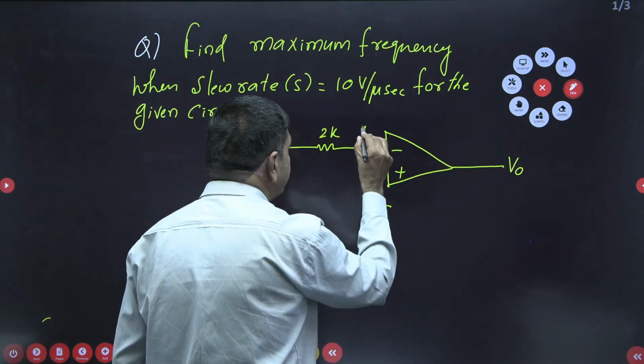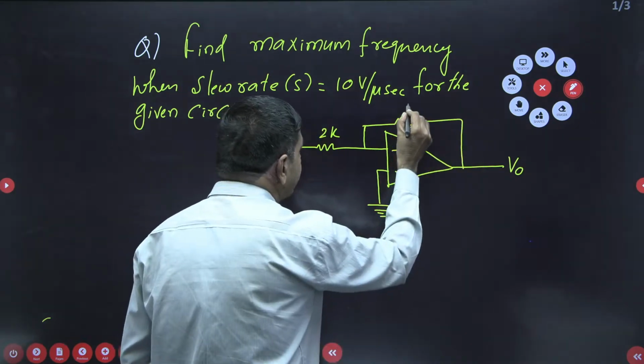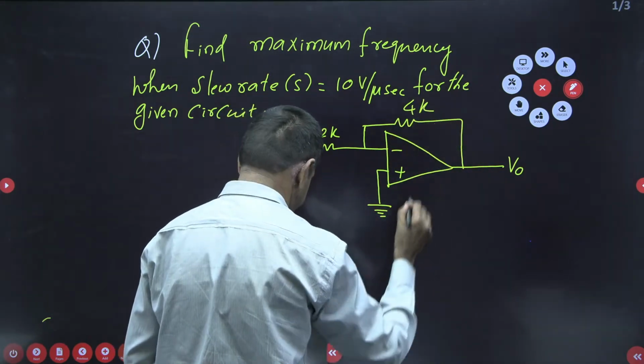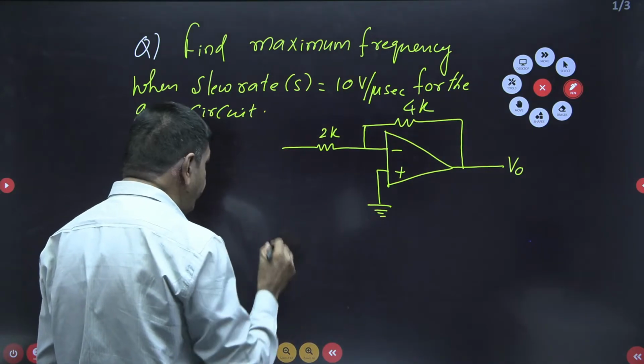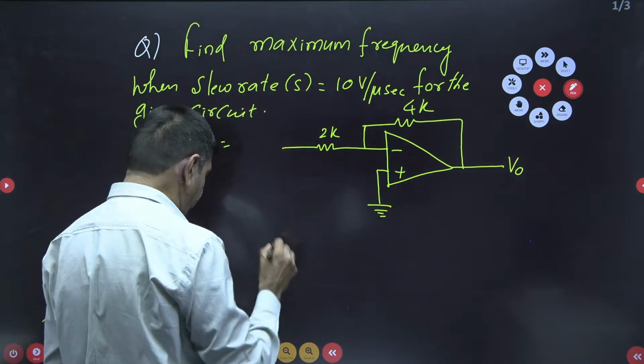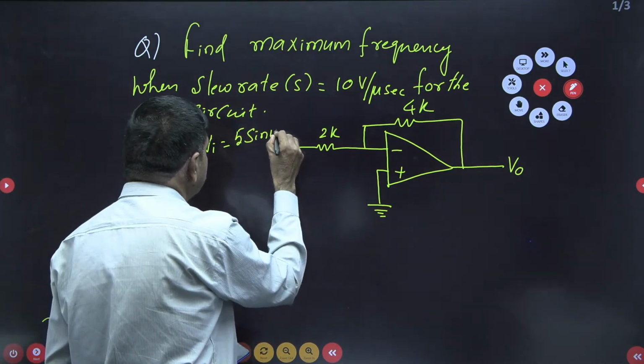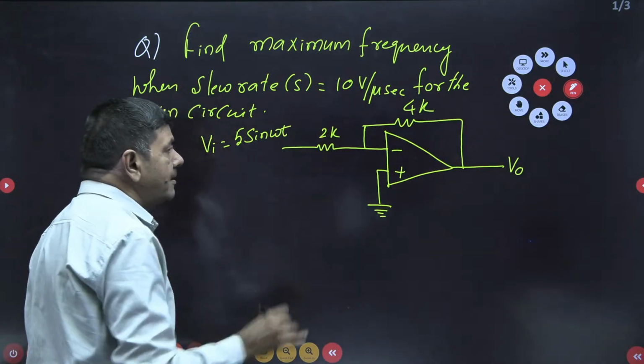The feedback element is a resistor, its value is given 4K. Vi is given 5 sin omega t. This is the given problem.